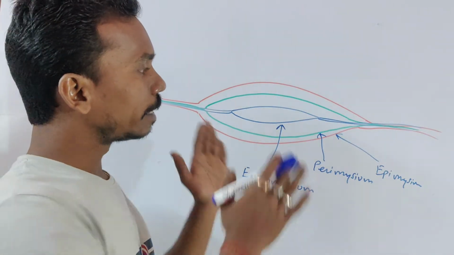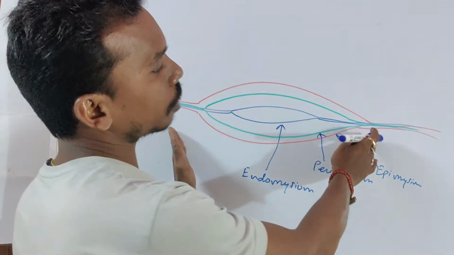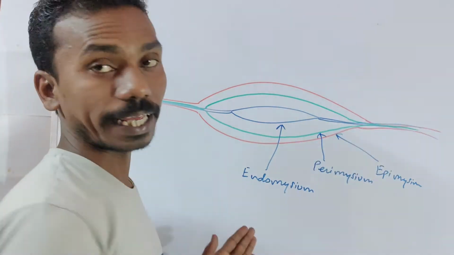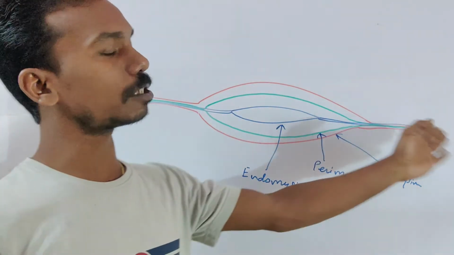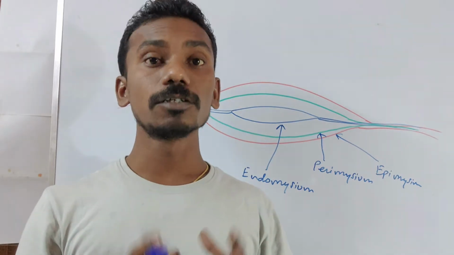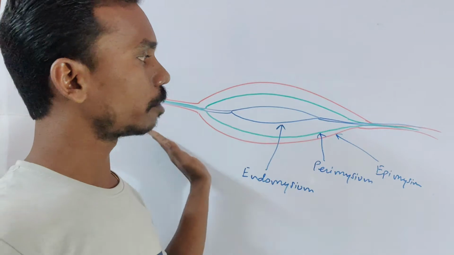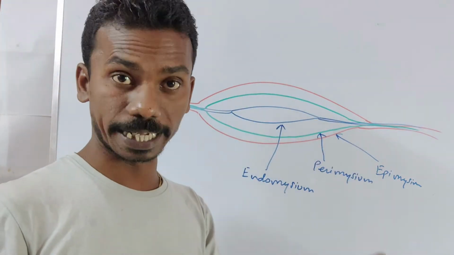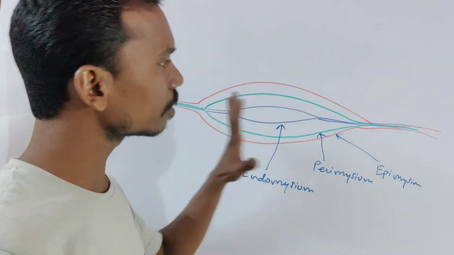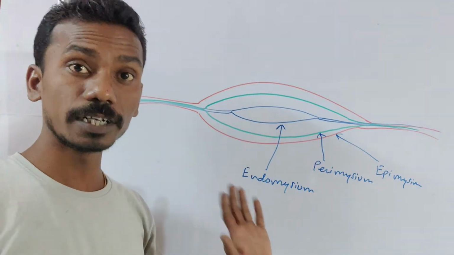These connective tissues make an extension. These extensions further help to make tendons. This is the basic concept behind these connective tissues.